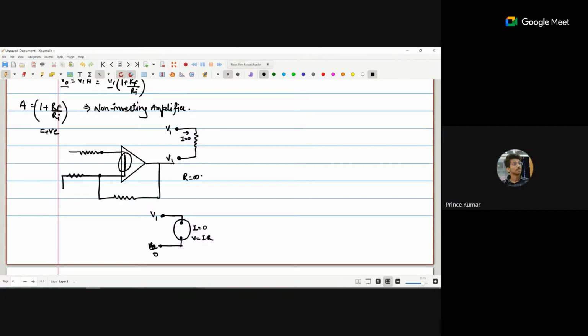Sorry, please repeat again. If I assume that this is the open loop, I apply V1 here, so we are getting 0 here, and V1 drops across this open loop, this infinite resistance.